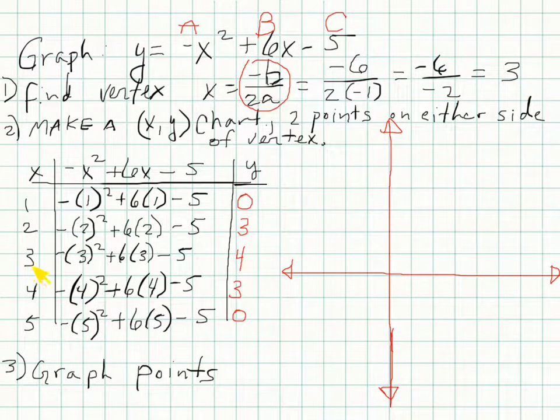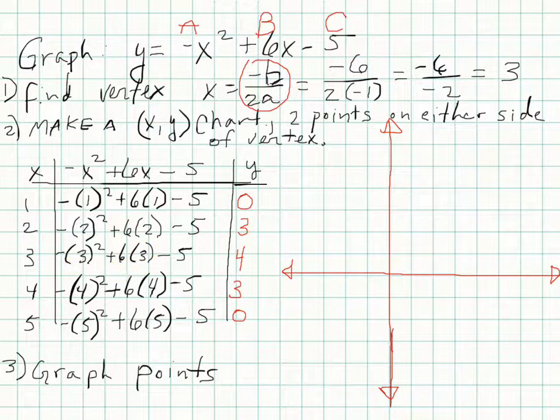So I made a chart. I'm going to put 3 in here in the middle value of x and find out what the vertex is. So I'm going to stick into this equation negative x squared. So I got 3 squared is 9. That's negative.